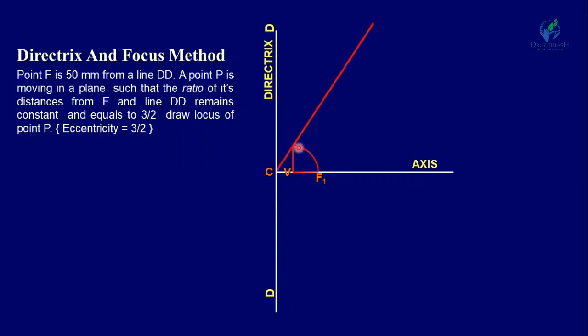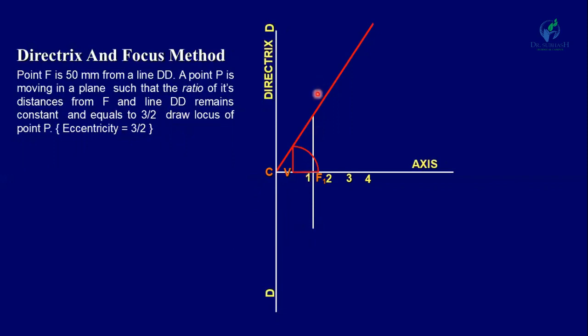So now from this point, draw a line. This angle is always greater than 45 degrees because the eccentricity is greater than 1. Now from V, mark different points 1, 2, 3, 4.